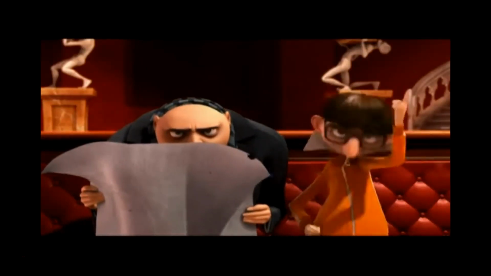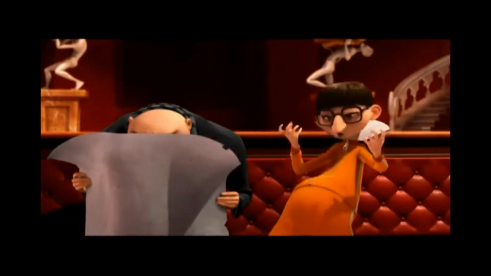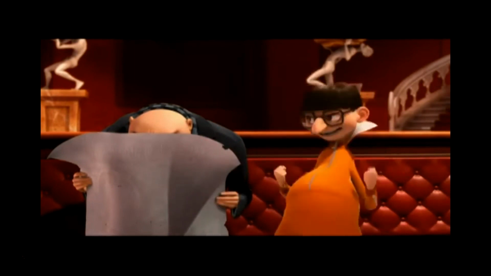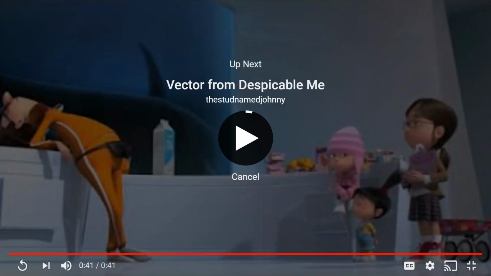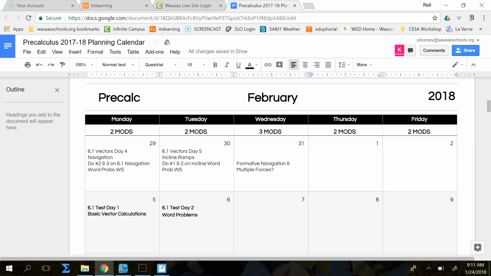Vector! That's me, because I'm committing crimes with both direction and magnitude. Oh yeah! So, when in doubt, learn all of your math from Despicable Me.